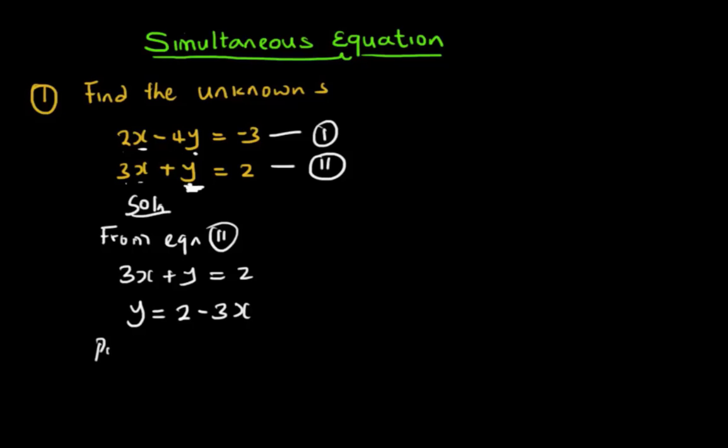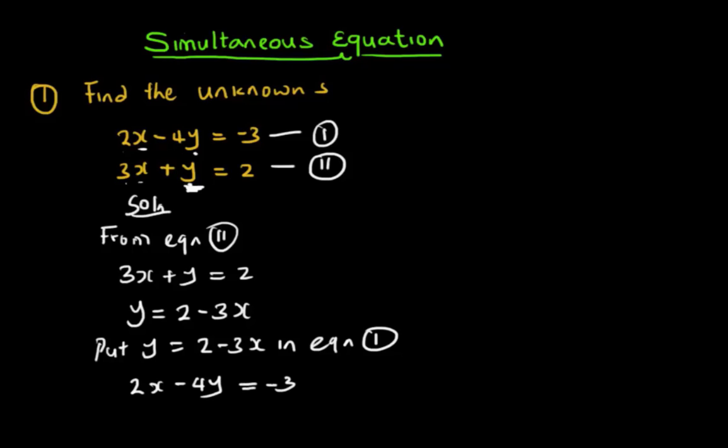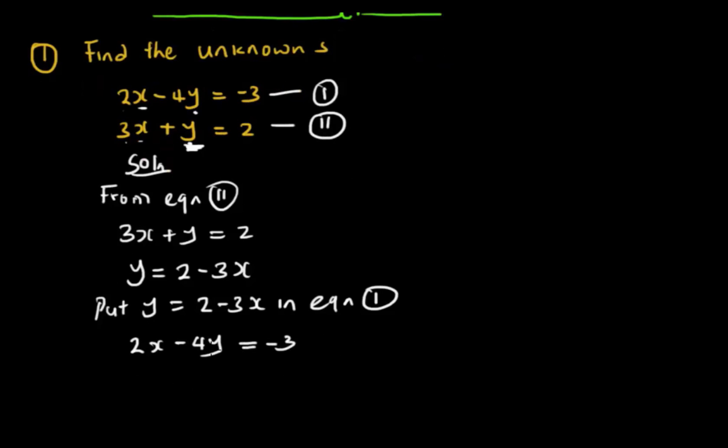Now the next step is to put y equals 2 minus 3x in the other equation, which is equation 1 in this case. So the first thing to do is to write equation 1, 2x minus 4y equals minus 3. It means anywhere I see y, I call it 2 minus 3x. So I'll be having 2x minus 4 bracket 2 minus 3x equals minus 3.